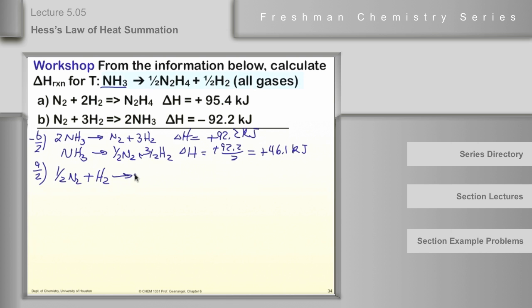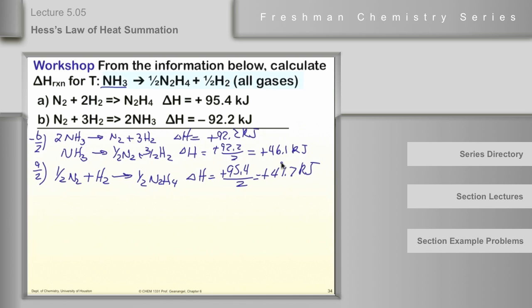And that would go to 1/2 N2H4. And the delta H would be plus 95.4 divided by 2 is plus 47.7 kilojoules.